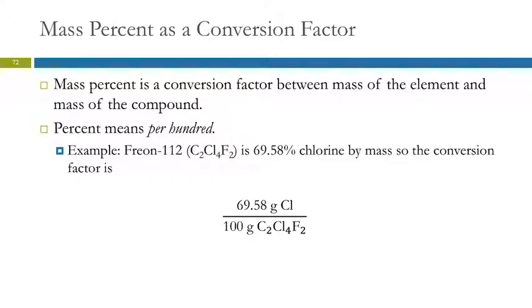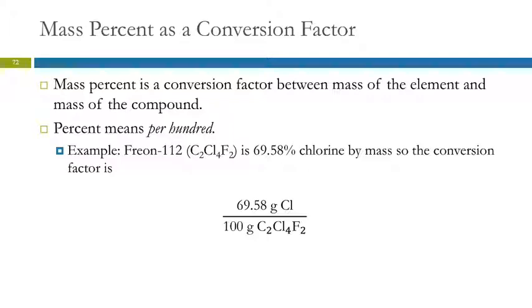We can also use a mass percent as a conversion factor. Because when we talk about a percentage, that means how many of this thing out of 100, right? 75% of the population means 75 out of every 100 people. So percent literally means per 100.